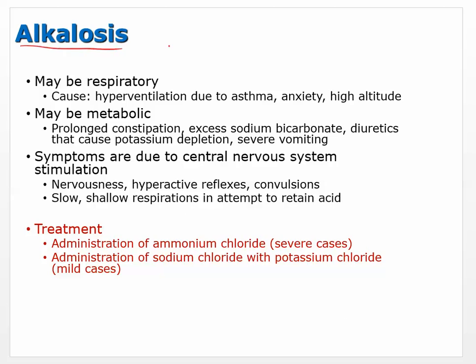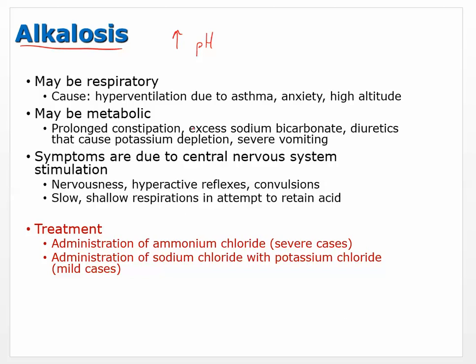Alkalosis, so now your pH is too high, over 7.45. Again, just like with acidosis, it could be respiratory, caused by hyperventilation, which is going to cause your pH to go up. Anxiety or high altitude.